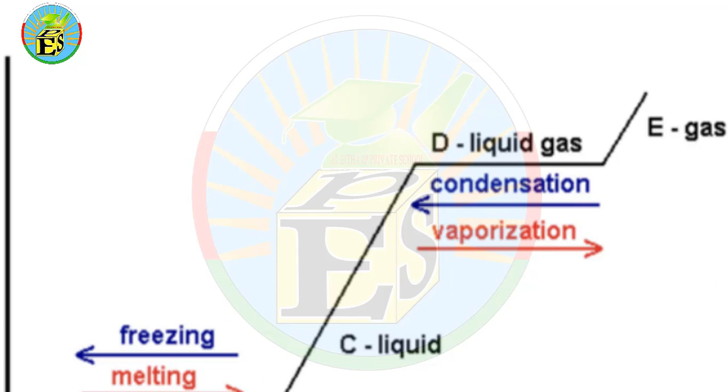This is a fixed region, which we call latent heat, the energy absorbed to change the material from one phase to another phase. This is from solid to liquid, and this is from liquid to gas.